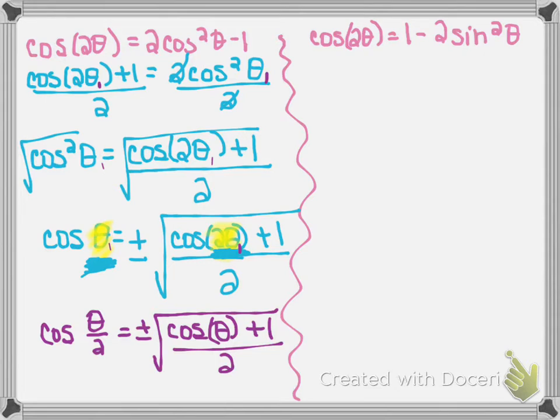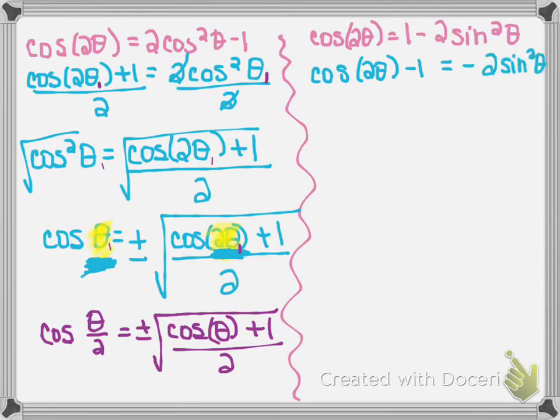Oh, I need to do the other one. Let's see. Change back to blue over here. All right, so to get the half angle formula in terms of sine, we need to solve the one on the right for sine squared, just like we did a minute ago. Let's subtract 1 from both sides. Get cosine of 2 theta minus 1 equals negative 2 sine squared theta.